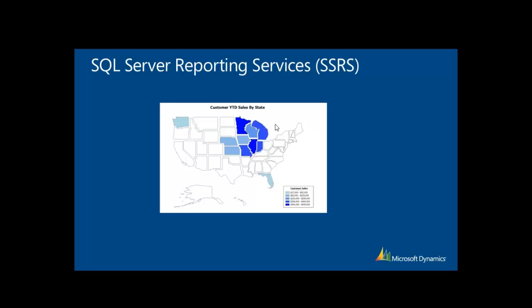SQL Reporting Services can tap into lots of other data sources, other databases, things like that, and can combine that information so that you can actually see a 360-degree view of what's going on in your business. That makes sense? So that's why I like SSRS.